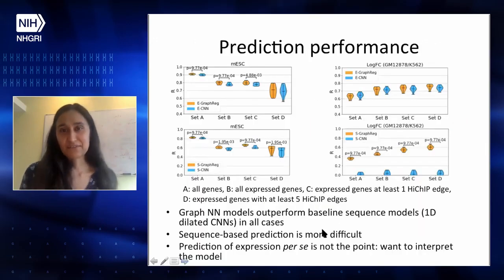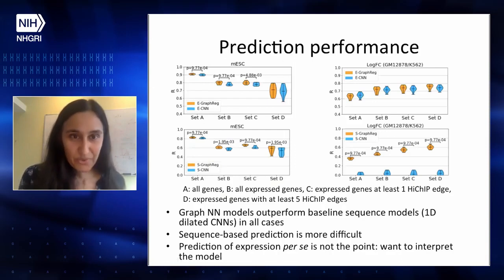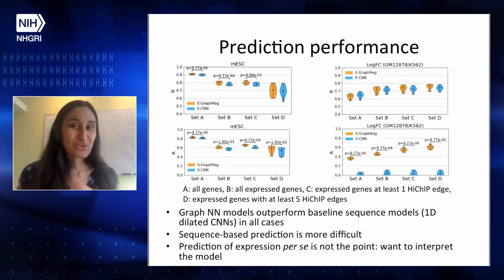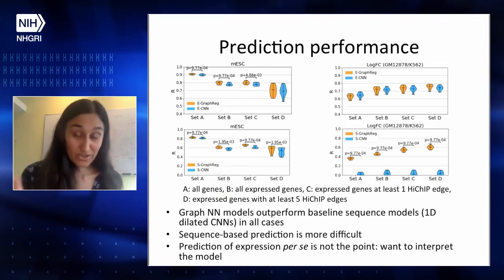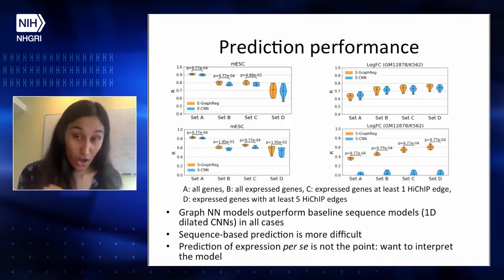Finally, I'm passing through this quickly, but if you compare the prediction of either the epigenome or sequence-based model to the corresponding CNN model, CNNs are widely used now in regulatory genomics. They're not incorporating 3D information.